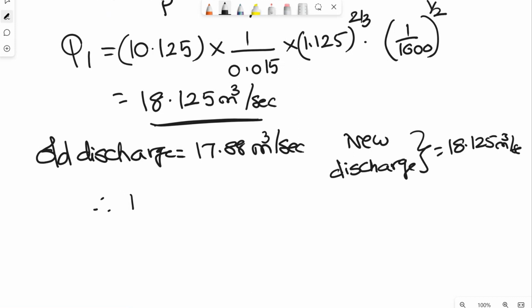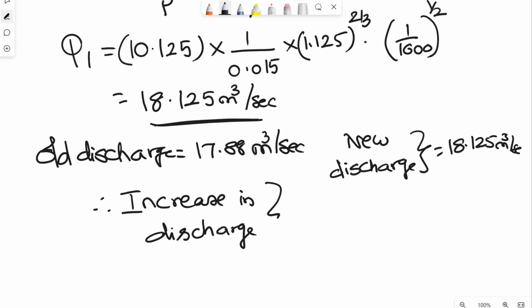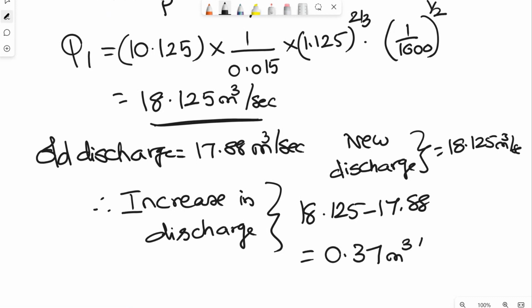Therefore, the increase in discharge is 18.125 minus 17.88, which is 0.37 meter cube per second. Remember that it is not a small amount. If you convert to liters, it is 370 liters per second. That is what I want to tell.